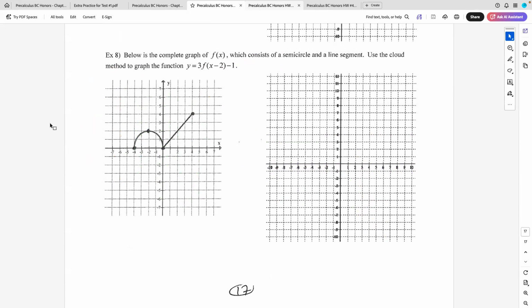Okay. So here's what I would do. Make a table, and we'll call this a parent. What points do you see on the parent? -2, 0, 0, 0. What the heck, I'll use that one also. 2, 2, and 4, 4.